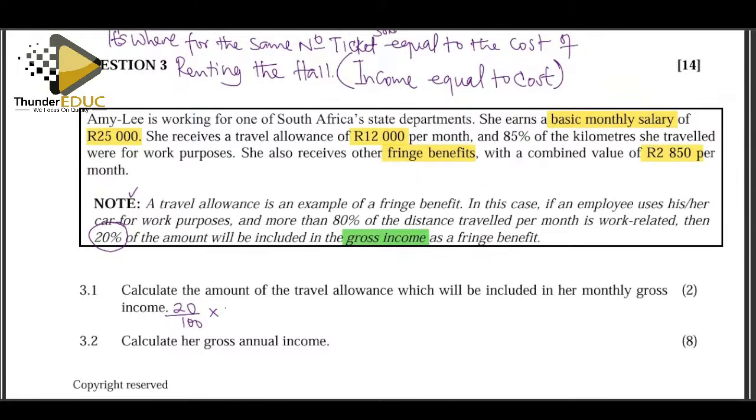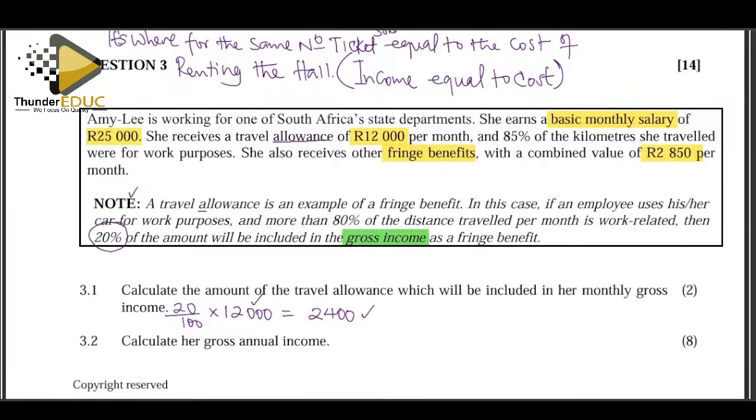Of which amount? Of the travel allowance. So we are looking for 20% of 12,000, because this is the travel allowance. So this became 2,400. Put it aside.